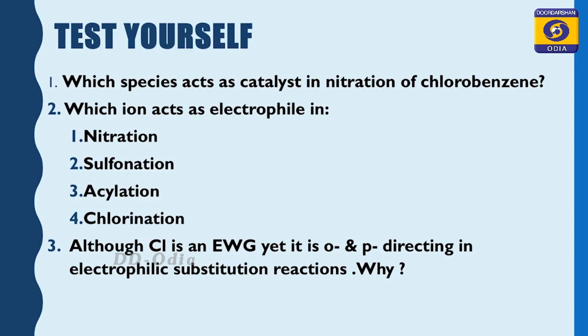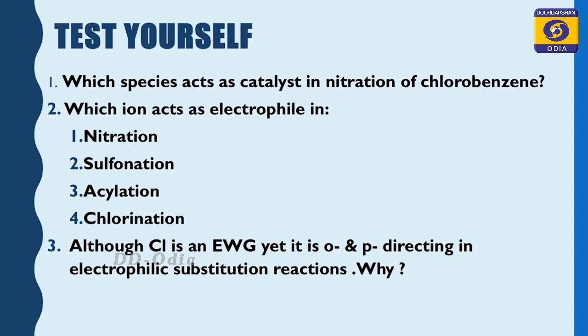So, try to answer in your copy and I will show you the answers. Then the next question: which ion acts as the electrophile in nitration? Yes, I think the students are trying to answer it. Nitronium ion, NO2 plus, very good.